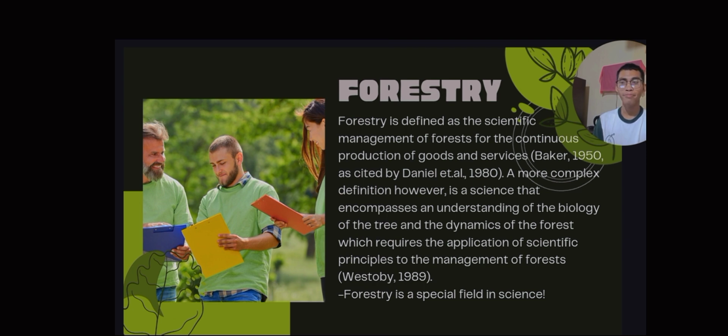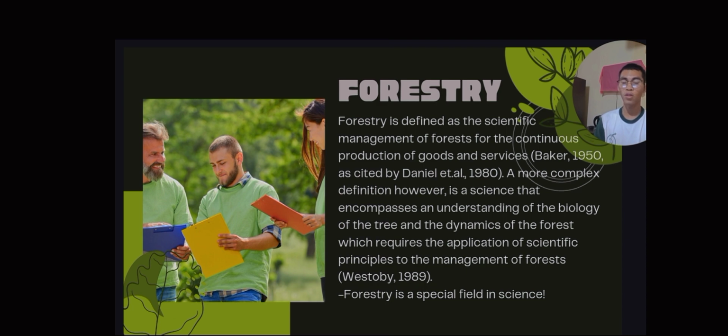Forestry is a profession that started in the second half of the 18th century in Germany. So, it was there in Germany that forestry started as a profession, and they were called foresters. In 1768, the first school was established in Germany.